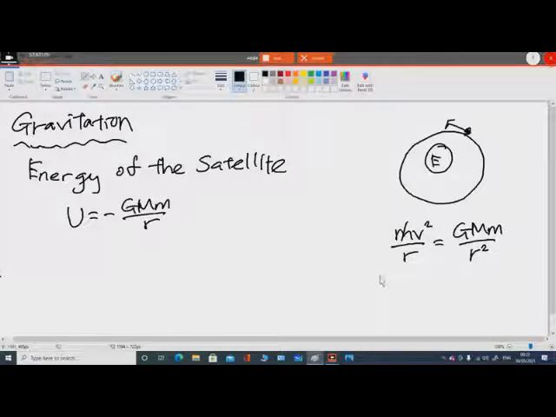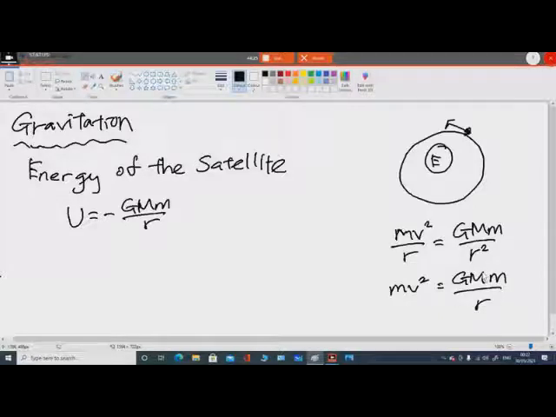We did not cancel it, so we move this r to the other side, and we eventually get mv square equals GMm over r.